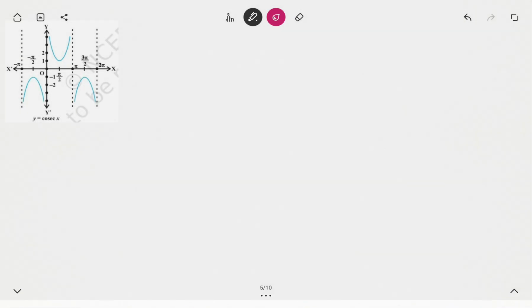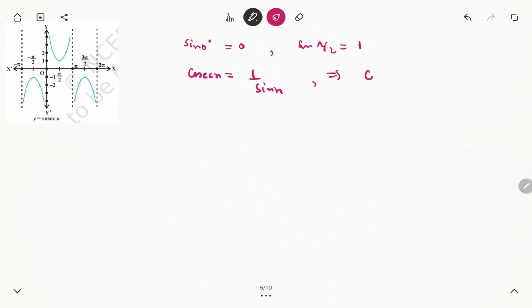Now, the next graph is cosec. Right? Now, sine 0 degrees value is 0, and sine pi/2 is equal to 1. And cosec x is equal to 1 upon sine x. This implies cosec 0 is equal to infinity, not defined. But cosec pi/2 is 1.